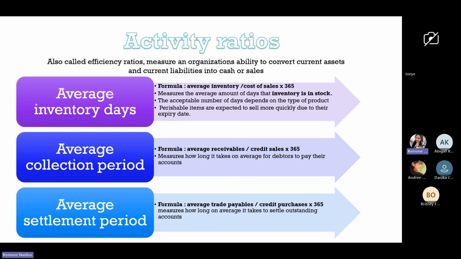Okay, we have something known as the average collection period. So this is looking at your average receivables over your credit sales. The intention here is to measure how long it takes on average for debtors to pay their accounts. Also here, if it's too many days, that is not a good thing. That means they are not paying their accounts on time. So there is a problem for a business. Okay, the shorter the amount of days, the better it is for the business.